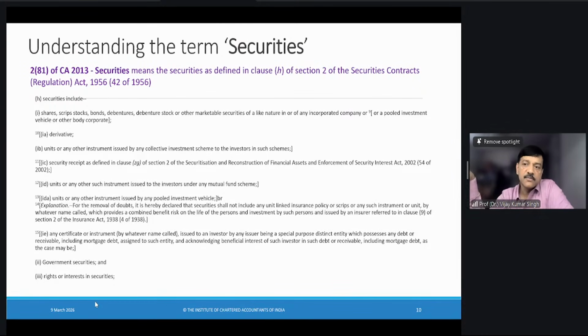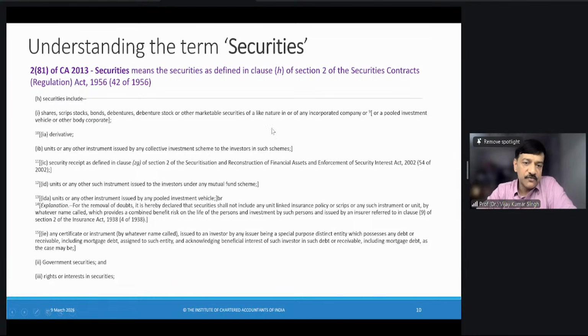These are the terms for security. Then government securities are there. Government may issue bonds and securities, and that is also included in the term security. And rights or interest in securities are also referred to as security. So you can see the securities definition is very, very broad and includes many things. It is not only about shares, it is about all these instruments.